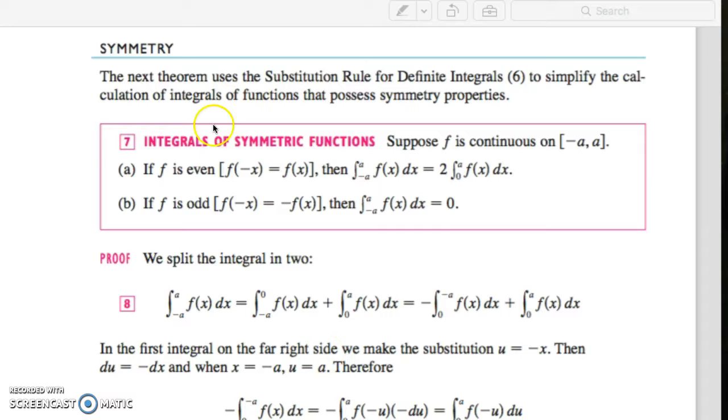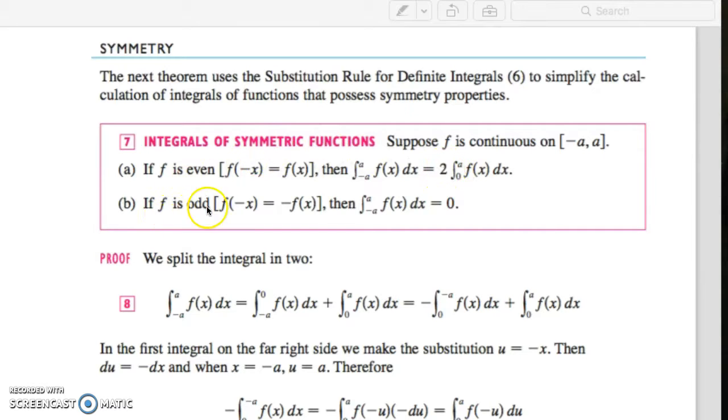And then for our last two examples, we've got this theorem here that says that if the function's continuous on the interval and the function's even, that is, if you plug in a negative and it would go away, if you're going from a negative number to the same number positive, you could just go from 0 to the positive number and just double your answer.